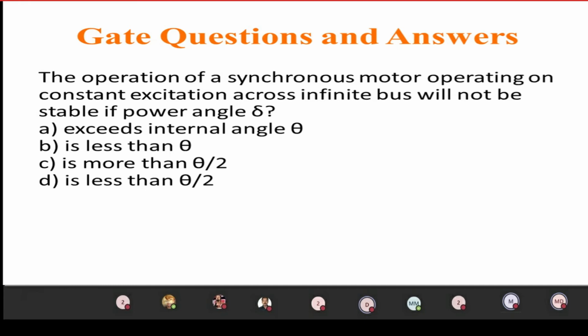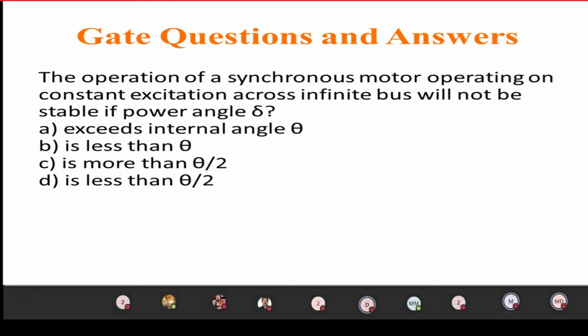Include the synchronous motor too. The operation of a synchronous motor operating on constant excitation across an infinite bus will not be stable if the power angle delta exceeds: option A, theta; less than theta; more than theta by 2; less than theta divided by 2.